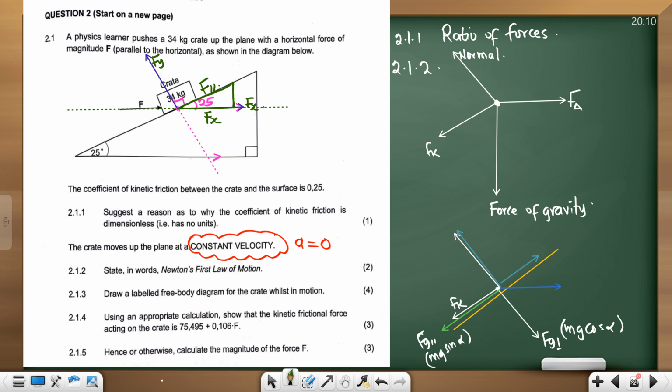Okay, it's going to be a big mess, but I wanted to follow through. F parallel. And so this is actually not my Fx. I'm lying to you guys. Because when we say x, it must be parallel to the plane. All right, this is F what? X, parallel to the plane.